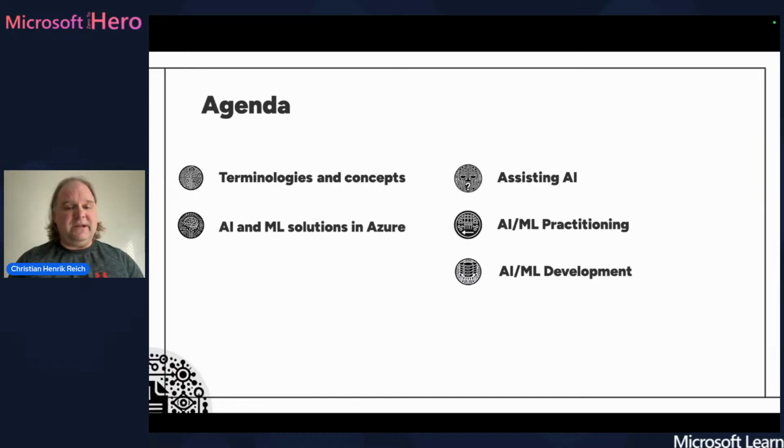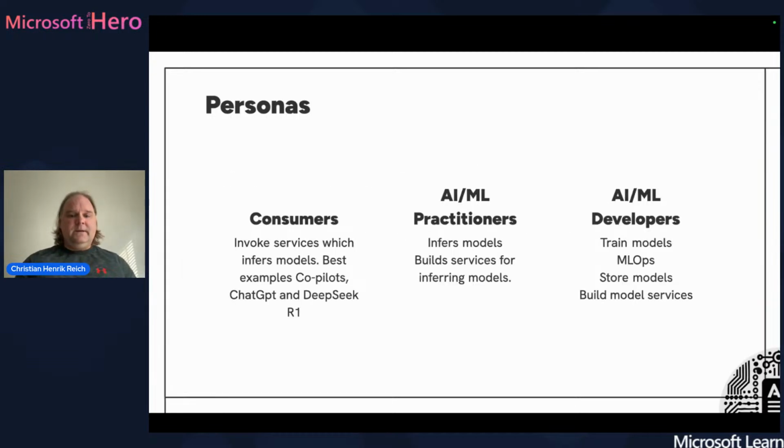We didn't talk about AI agents and so forth. So the plan was a bit different than it is today. We are going to speak about assisting AI. I will talk about what these classes are, and also AI ML practicing and AI ML development. I categorize, when I started this session, I only had AI ML developers in mind.